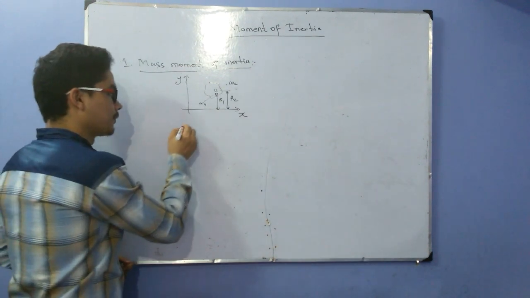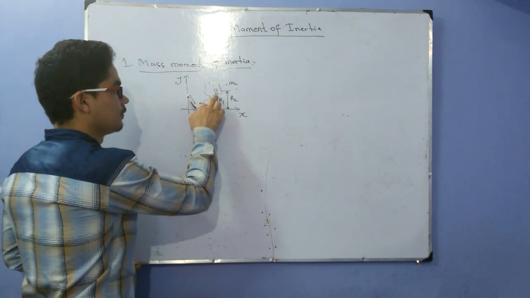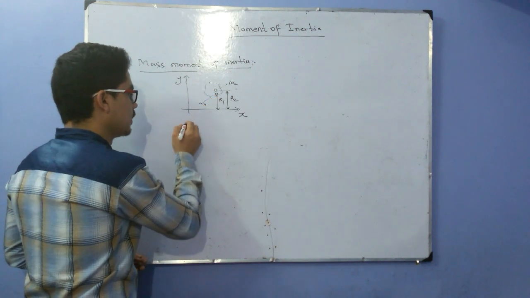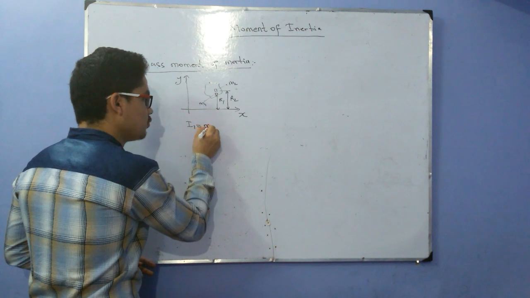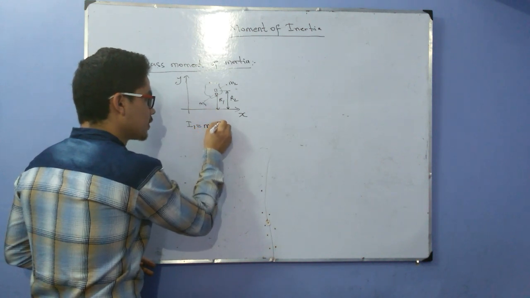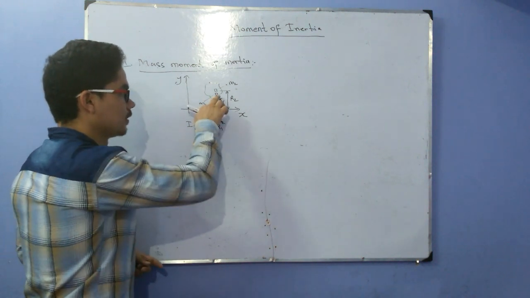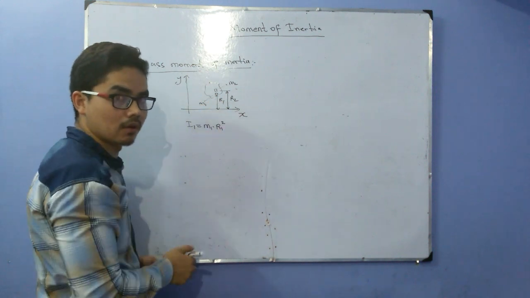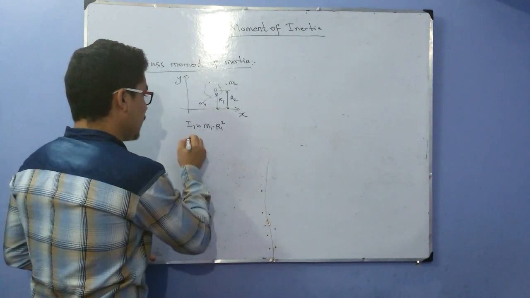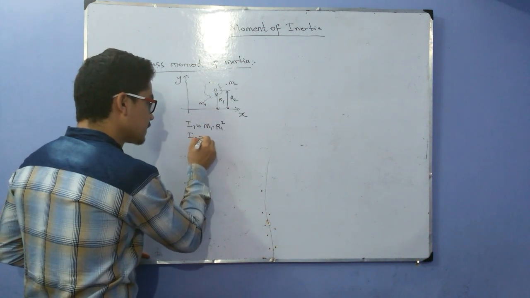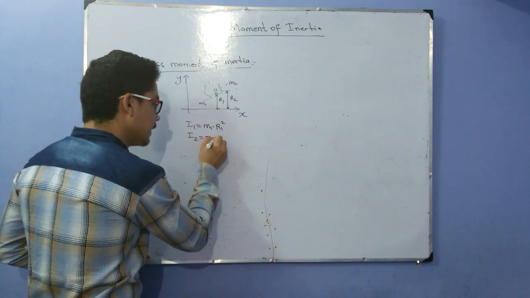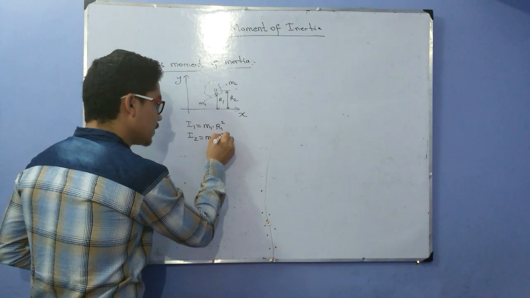For the first part of the object, I can write I1 is equal to m1 into r1 square. This is the moment of inertia for the first part of the object. And for the second part of the object, the mass moment of inertia can be written as m2 into r2 square.